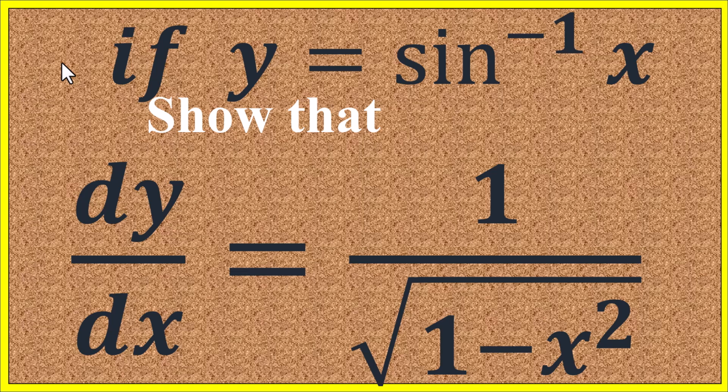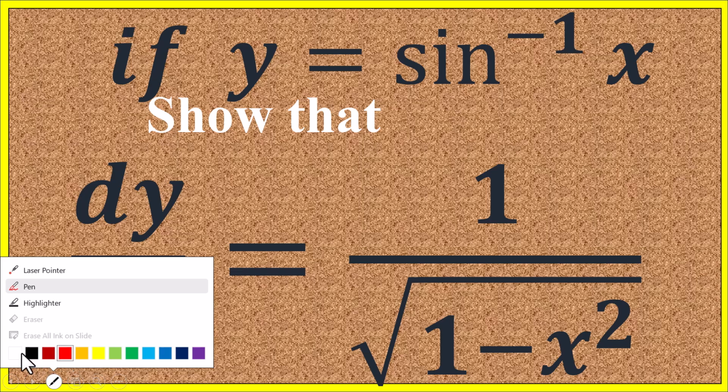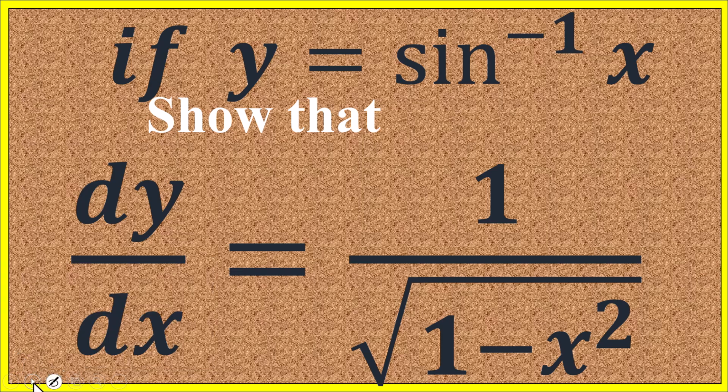Now, when y equals sine inverse of x, show that dy/dx equals 1 on square root of 1 minus x squared. Okay, so we have y equals sine inverse of x.